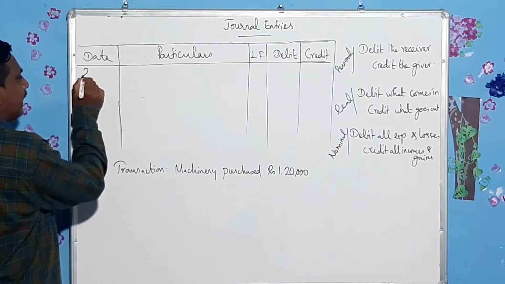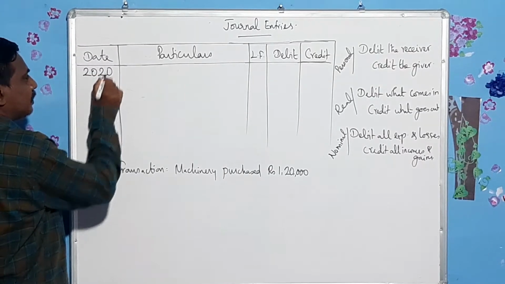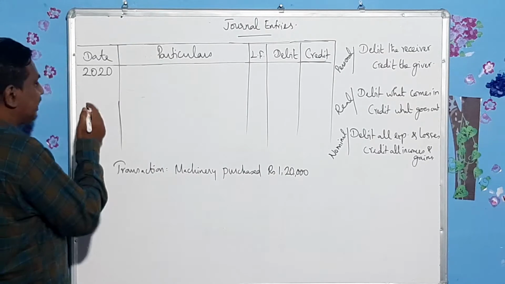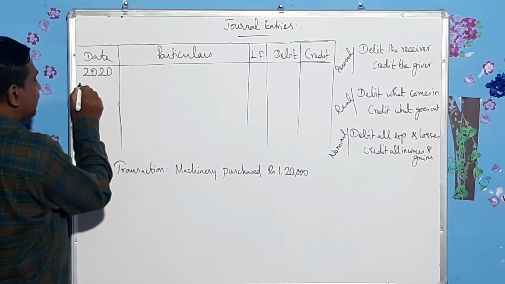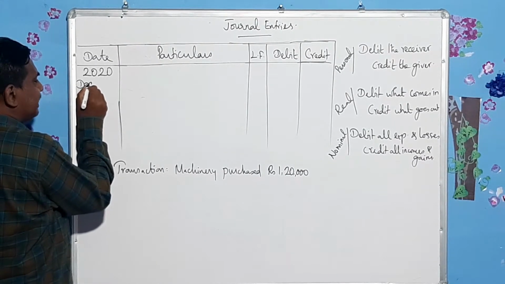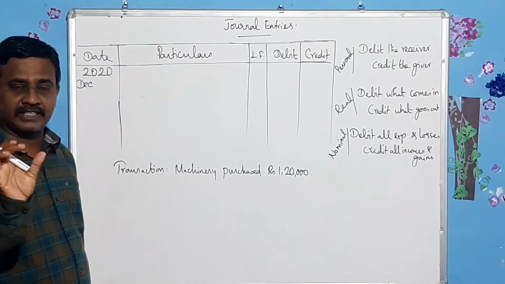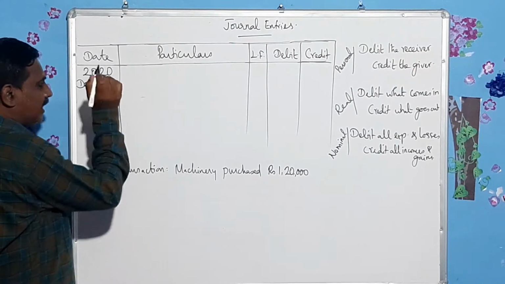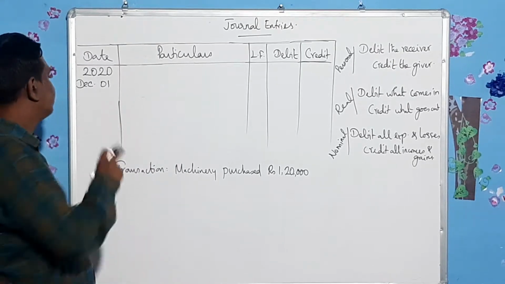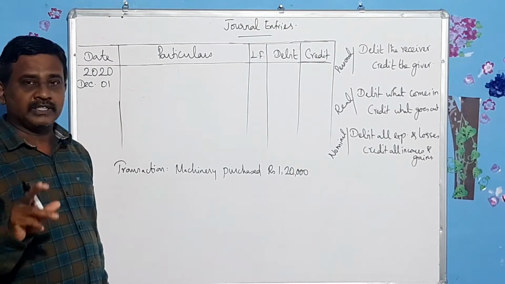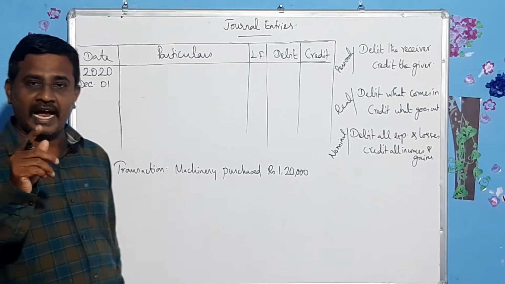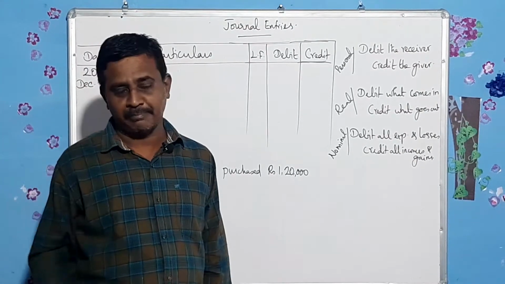First, you have to write the year 2020. After that you have to write the month, December. I have written in the shortened form of December, and you have to write the date. See, an accountancy student must write in this way. Up to 9, you have to add 0 before that number.